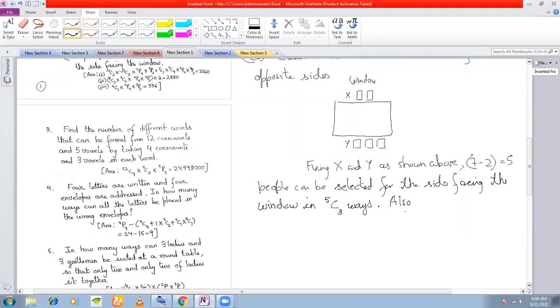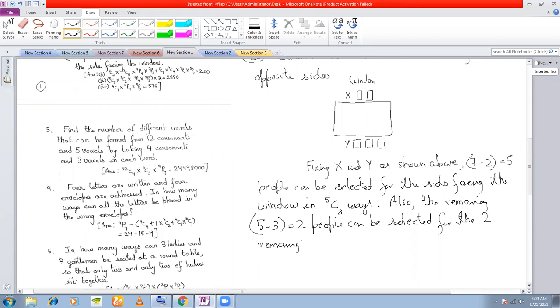Also, after these 3 people are seated, the remaining 5 minus 3 equal to 2 people can be selected for the 2 remaining seats on the side not facing the window in 2C2 ways.